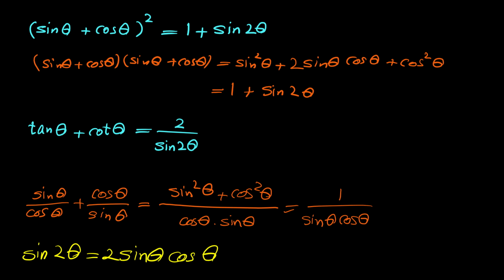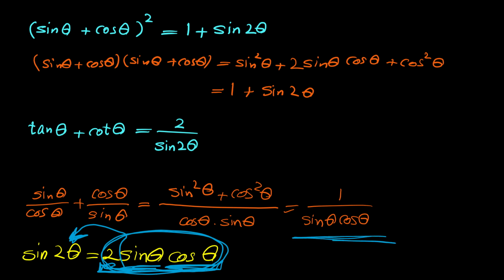So, whenever we have the expression 2 sine theta cosine theta, we can substitute it with sine of 2 theta. But here we only have sine theta cosine theta without the 2.